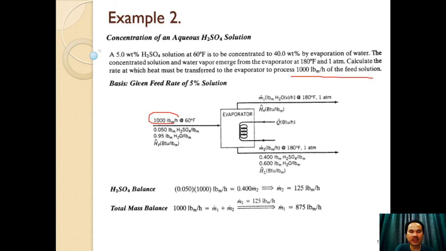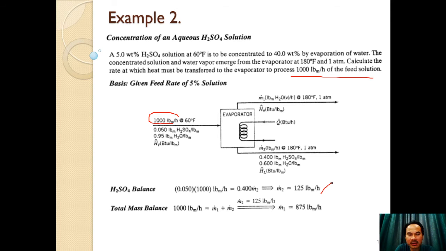The sulfuric acid input equals 5% multiplied by total mass, 0.05 multiplied by 1,000 pound mass per hour. For the output, we have only one stream, the 40% aqueous solution, 0.4 multiplied by M2, and then you can solve for M2 equal to 125 pound mass per hour.